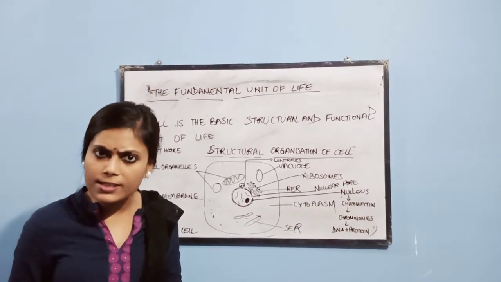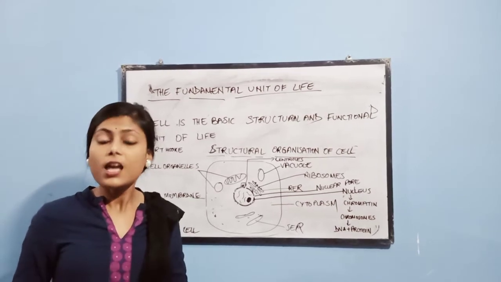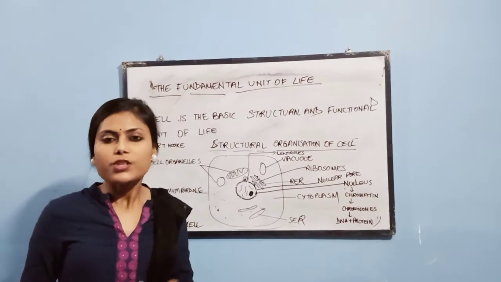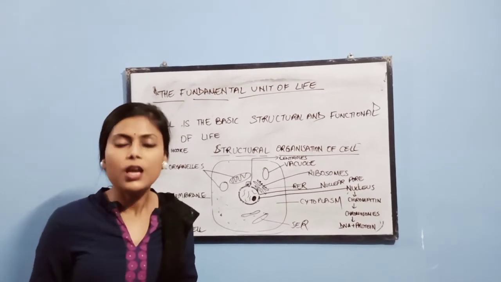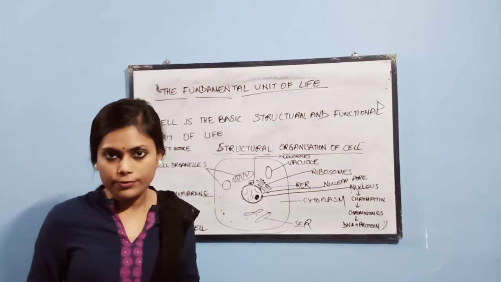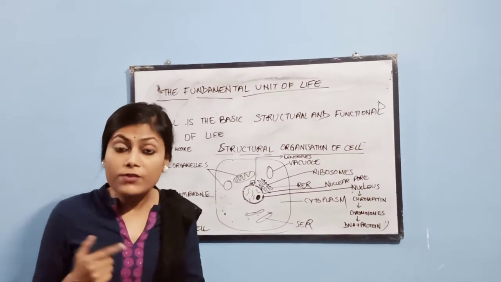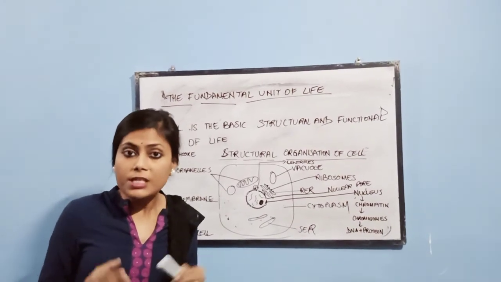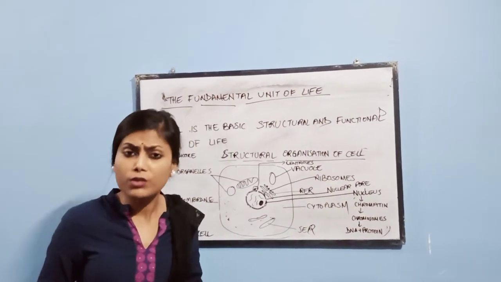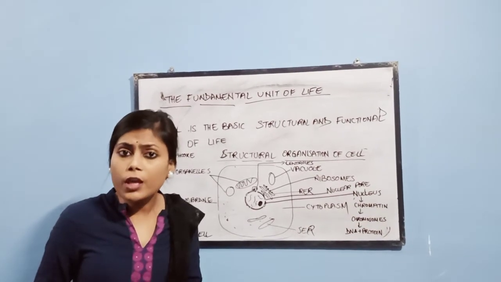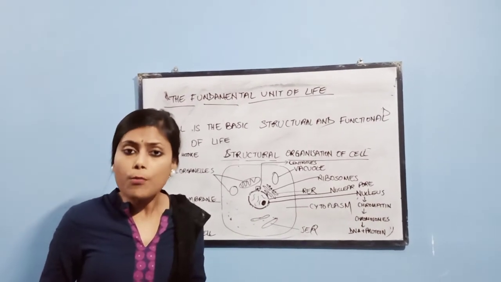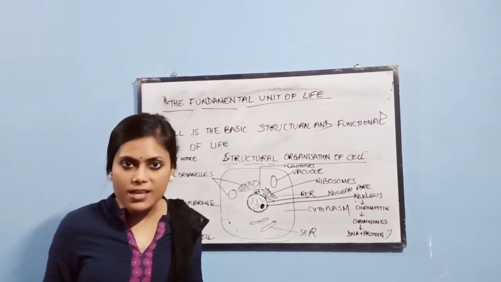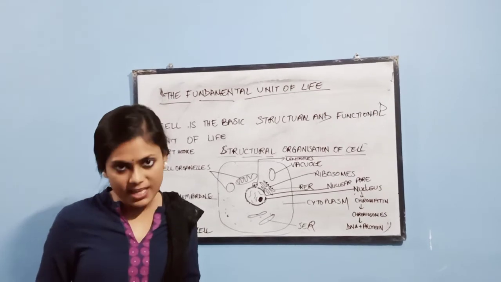If we have to define a cell, we will define it as the basic structural and functional unit of life. What we have learned in cell theory is that, besides being the structural and functional unit of life, all living organisms are composed of cells, and a cell arises from a pre-existing cell.